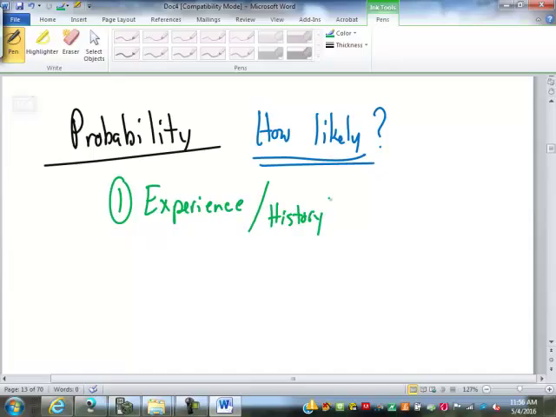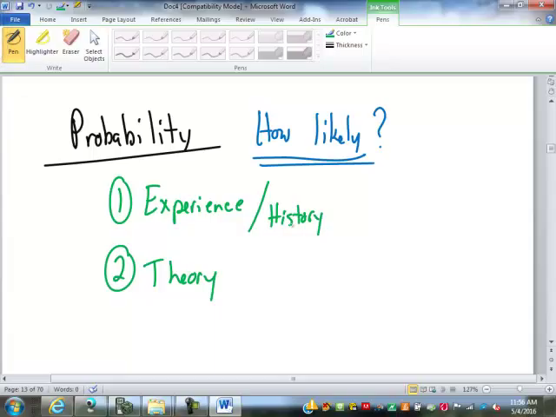For example, if we want to know what's the probability of a randomly selected student passing the course, we would base that probability off of the history. In the past, we've had 2,400 students take the class and this many passed, so we can use that to determine a probability. It can be determined from theory. In simple examples, the theory is probably the easiest way to do it.